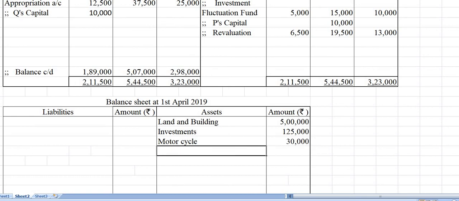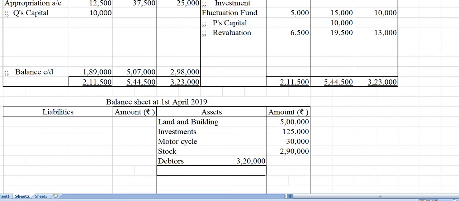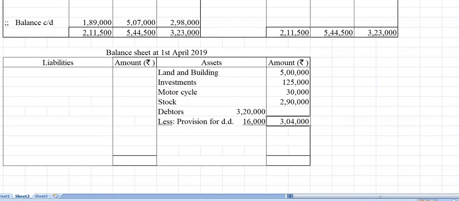Then next stock also increased to 2,90,000. Then debtors has a decrease, provision for doubtful debts is to be written, so the amount can be written in the inner column, less provision for doubtful debts 16,000, so outer column 3,04,000.